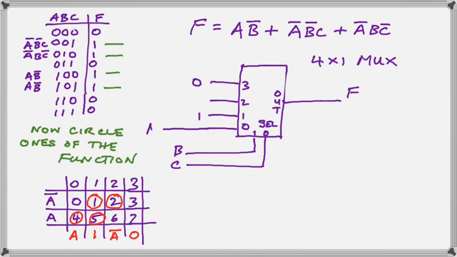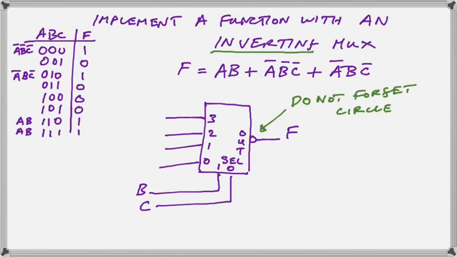So let's see that happen quickly now here, and then we are finished. Now, this multiplexer is a normal multiplexer. What we might want to do is try it with an inverting multiplexer.